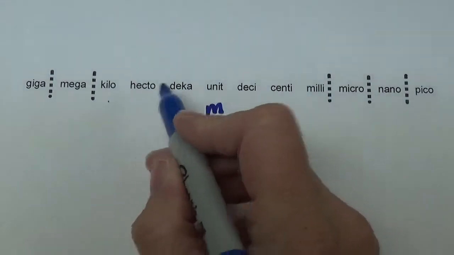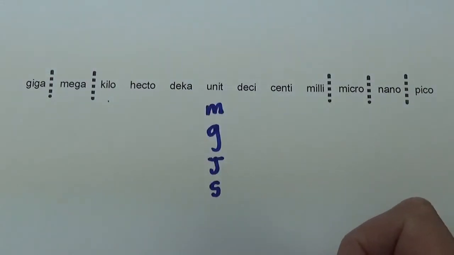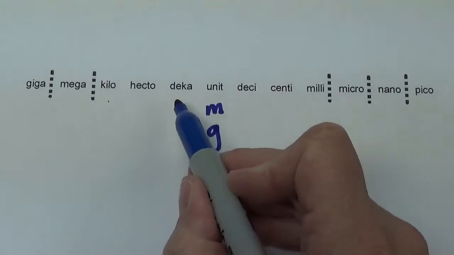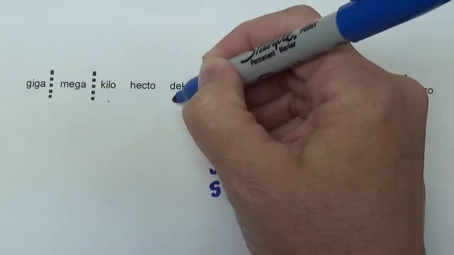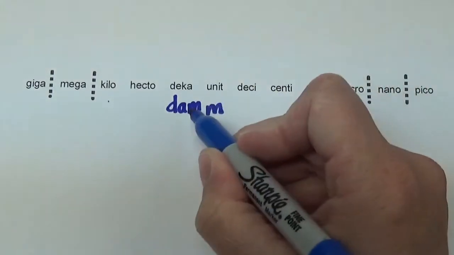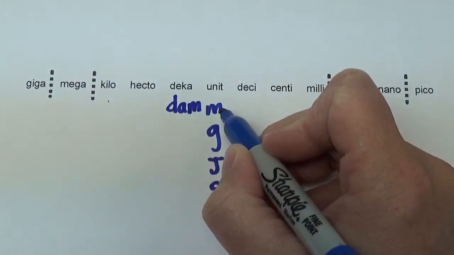Then what these metric prefixes tell us is how many times bigger or smaller the measurement is than the base unit. For example, a decameter, which is abbreviated dam, is 10 times bigger than a meter.